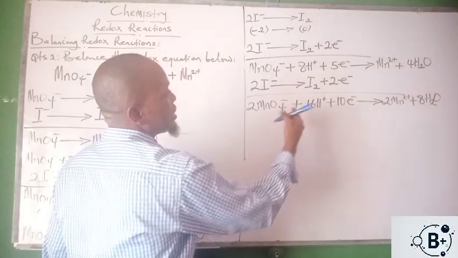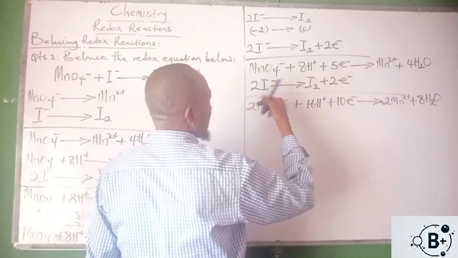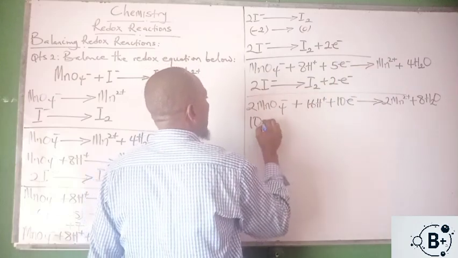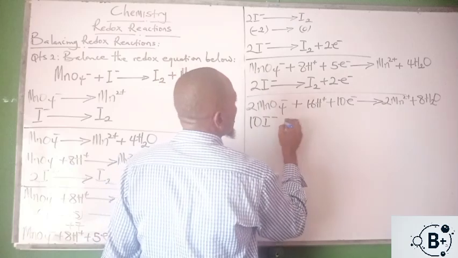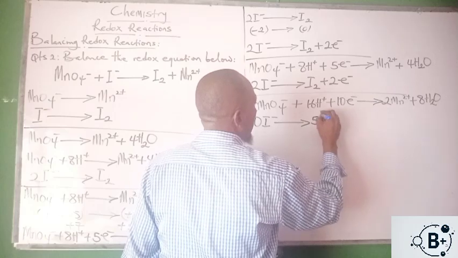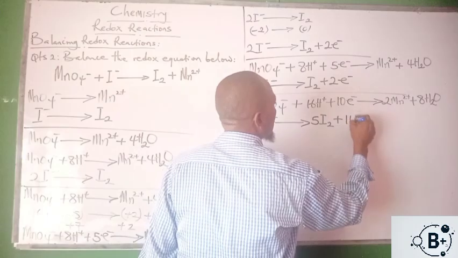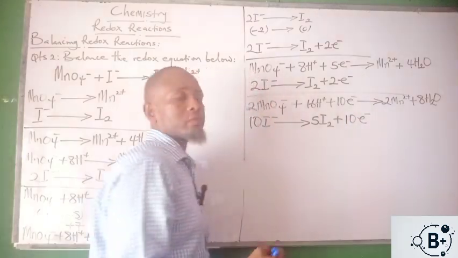So that is that. Then we now multiply this side by 5. So this becomes 10I minus, giving us 5I2 plus 10E minus.